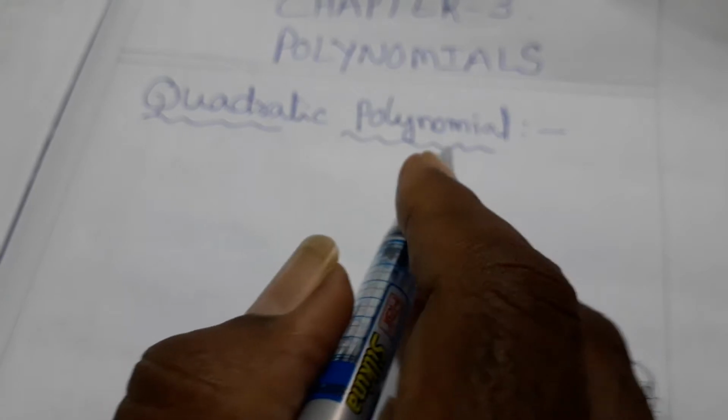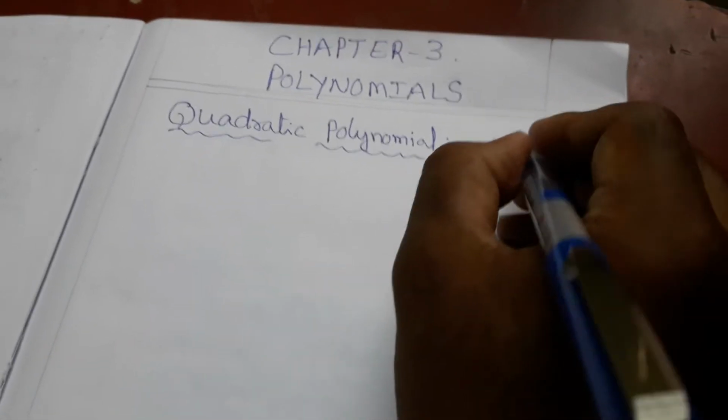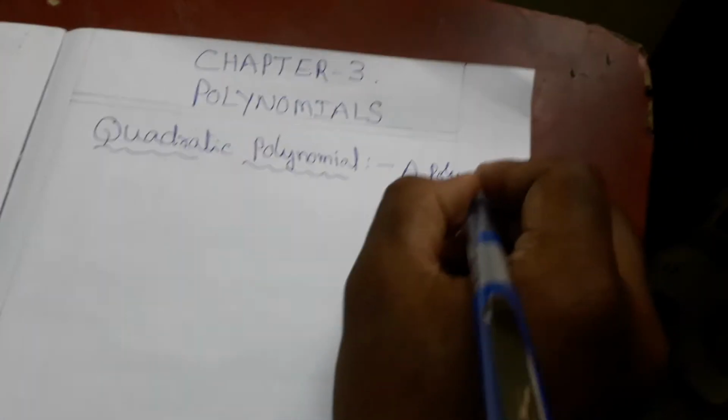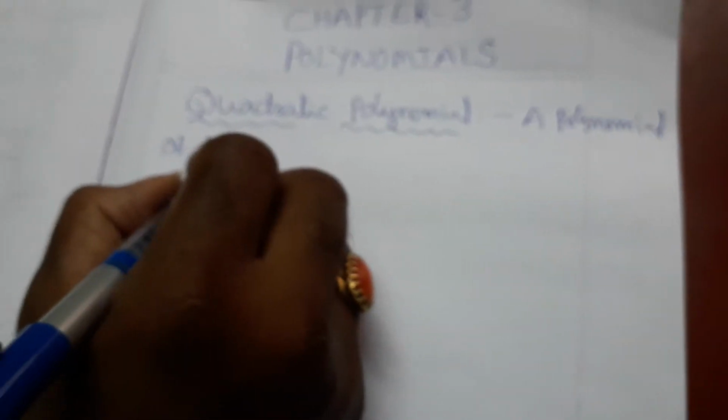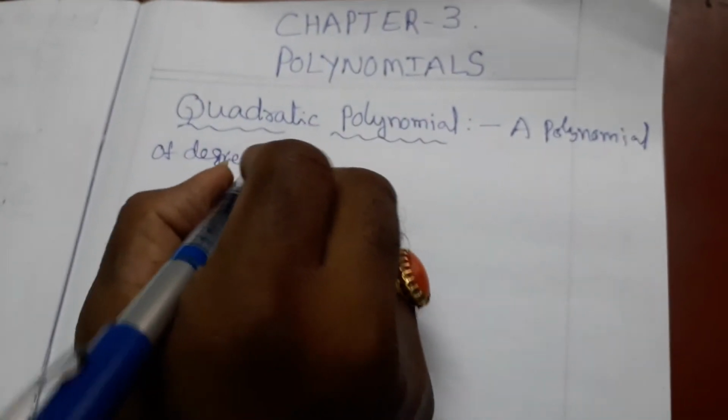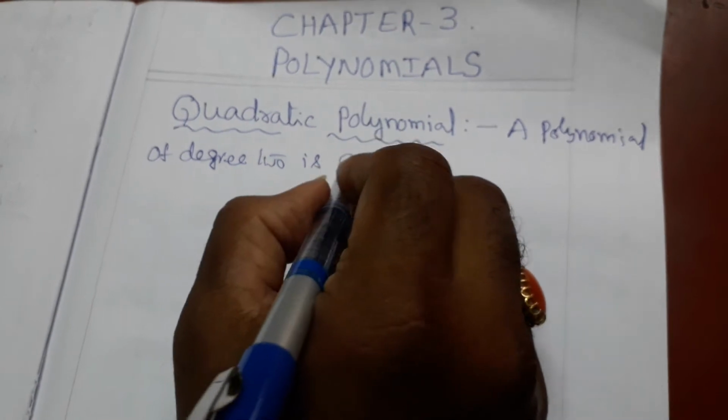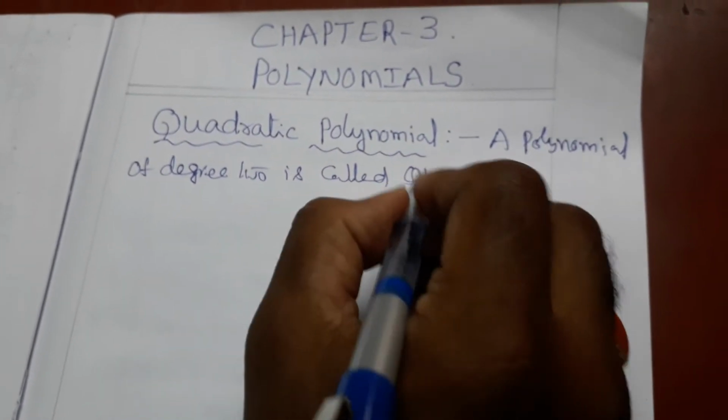Yes. Quadratic polynomial means a polynomial of degree 2 is called a quadratic polynomial.